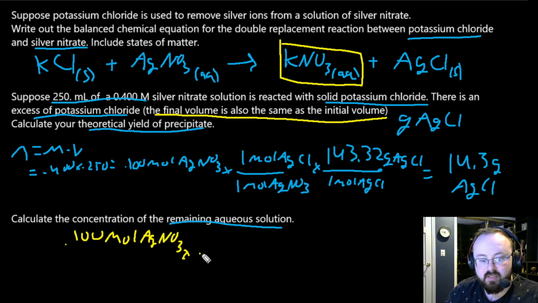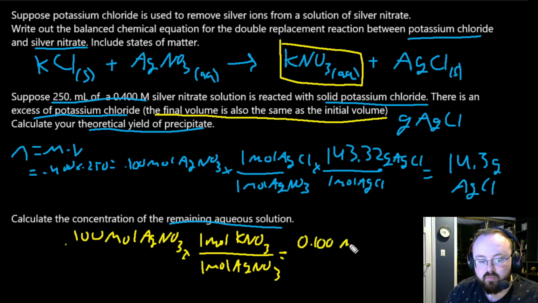And if I convert this, I have 1 mole of AgNO3 for every 1 mole of KNO3, and I'm just going to get 0.100 moles of KNO3. Because what I'm asking for is the concentration, and concentration is n divided by V.